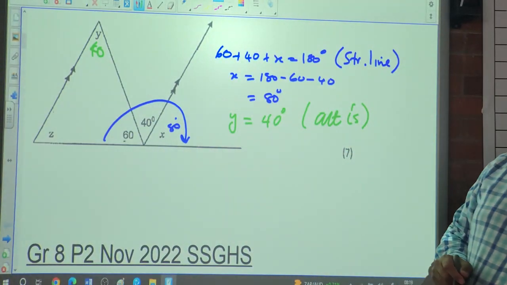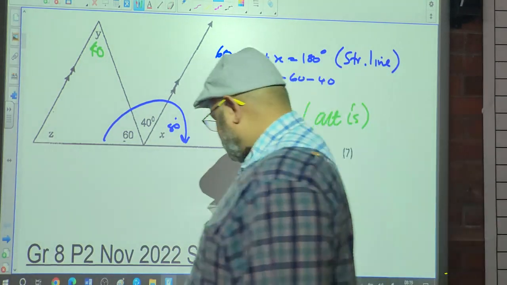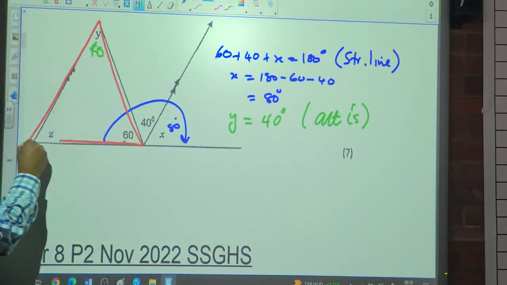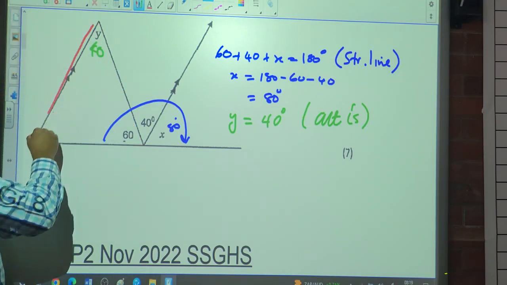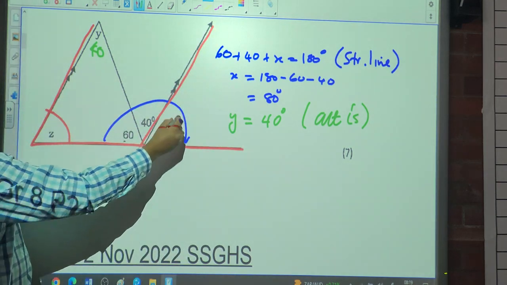Now, how do you calculate z? Sum of angles in a triangle. You can say that 40 plus 60 plus z is 180, sum of angles in a triangle, or corresponding angles. Both will get you the full mark, provided you make no mistake in your calculation.